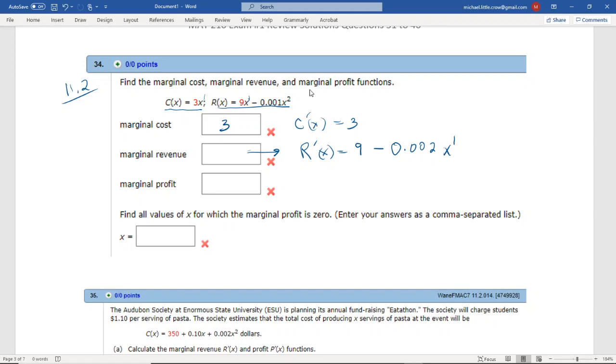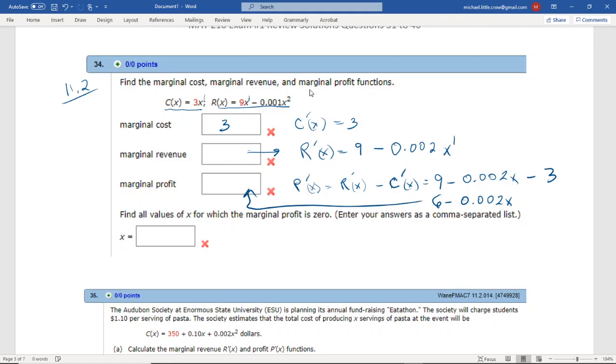Marginal profit is marginal revenue minus the marginal cost, and in this case we can do it directly. So it's going to be this function: 9 minus 0.002x minus 3. Okay, so 3 is the cost. So 9 minus 3 is 6, so we could rewrite this as 6 minus 0.002x. There is our marginal profit.